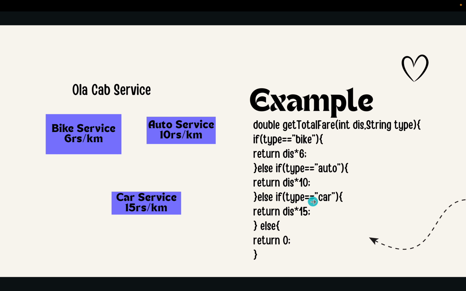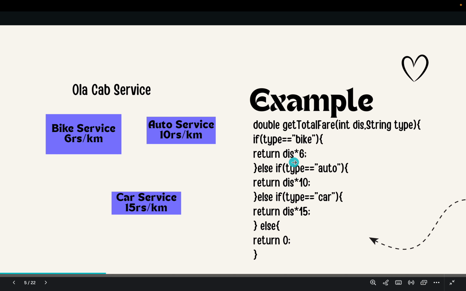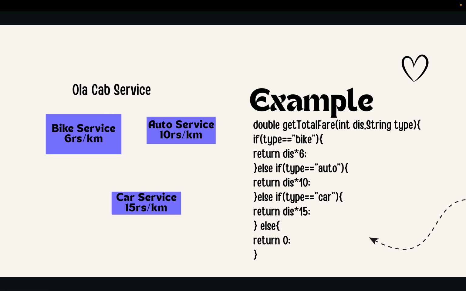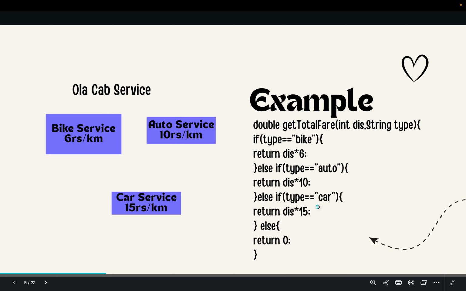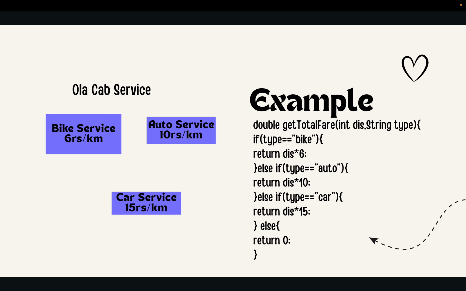If auto, it does the same thing, and if it doesn't match any, it returns 0 or throws an exception. But this is not the best solution, because if I want to add another service like premium car, the maintainability of the code becomes very complex, and this violates the second principle of SOLID, the open close principle: classes are open for extension and closed for modification. Every time we have to modify this class or function, so that's not the best way to do it.